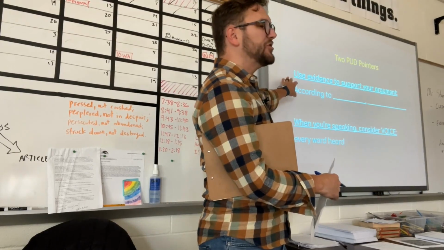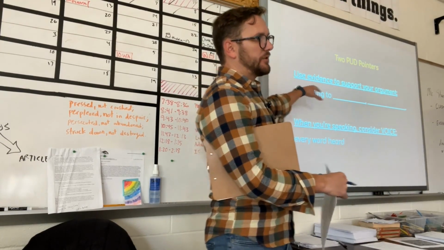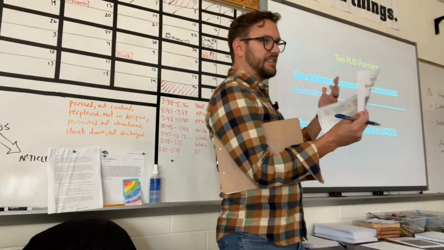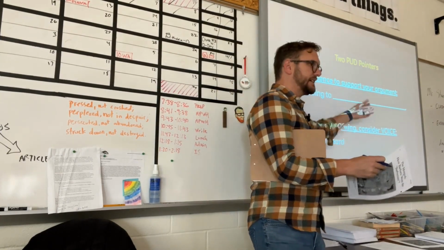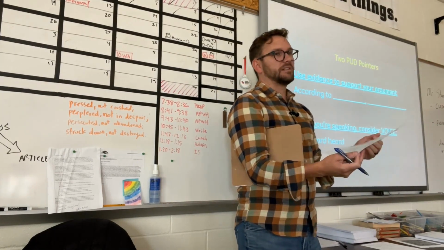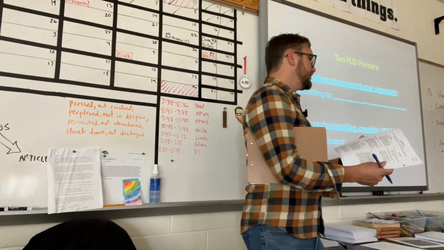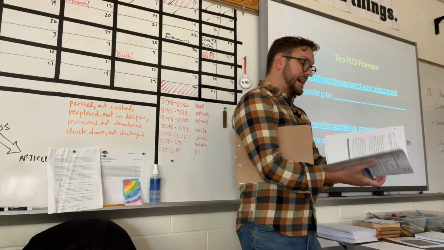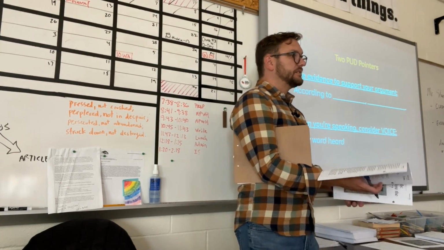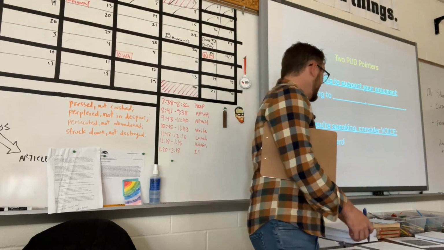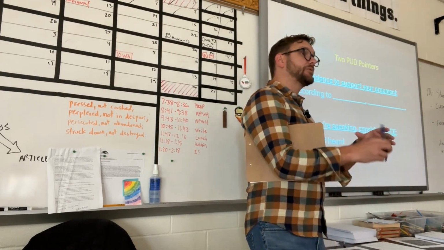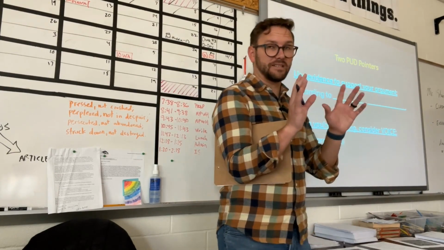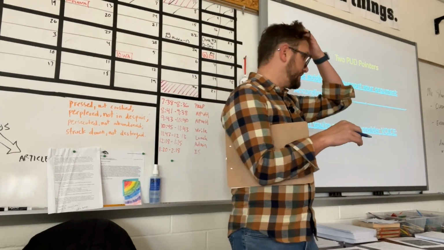The key is use evidence. And if you don't know how to say that, you can just say according to blank. According to Heimler, according to Doc 5, according to the AMSCO, the background essay, use evidence to support your argument. Doesn't need to be big and long. You don't need to have 3 pieces of evidence to get credit today. I'm not saying that. 1 piece of evidence, you're good.